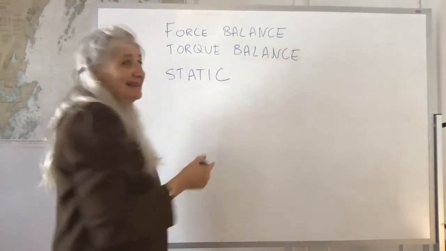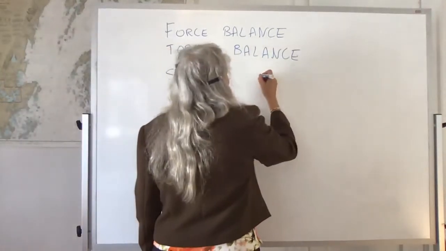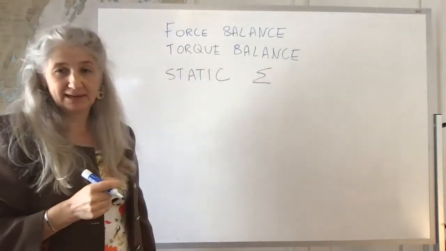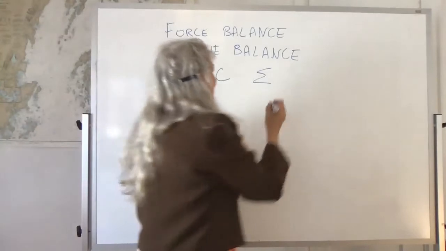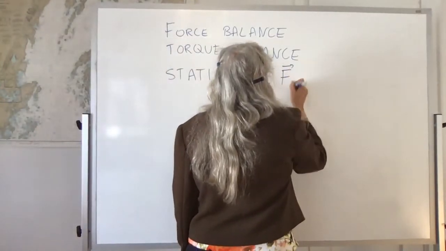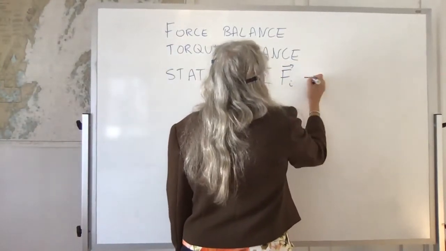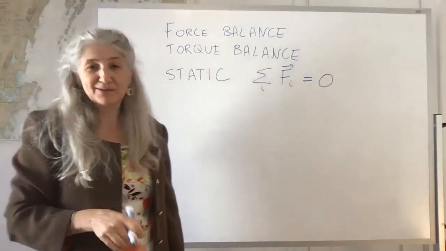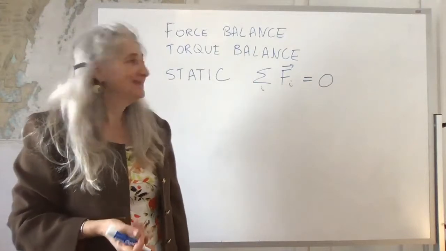And what do we mean by static? Nothing's moving. Because nothing's moving, if I take any individual component in whatever my ensemble is, the sum of all the forces on that object sums to zero, because if it didn't, there would be an acceleration and it would start to move.